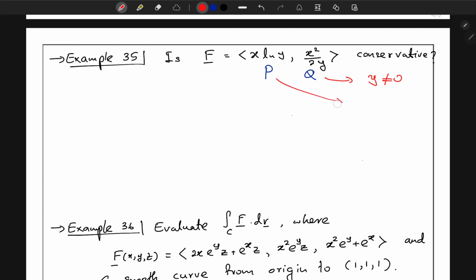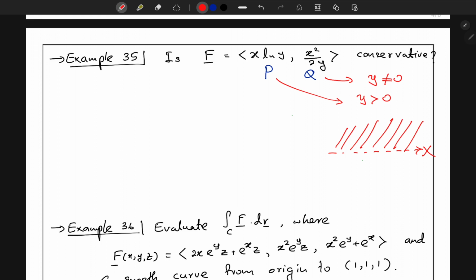By looking at p, I can say the domain of ln is positive numbers. So y needs to be positive. What this says is your domain is everything above the x-axis. So this is the x-axis. Y greater than 0 is everything above the x-axis.